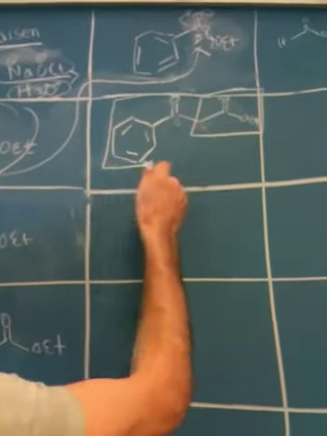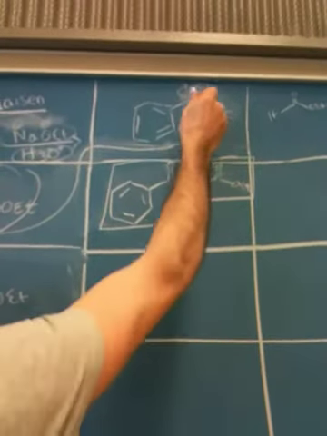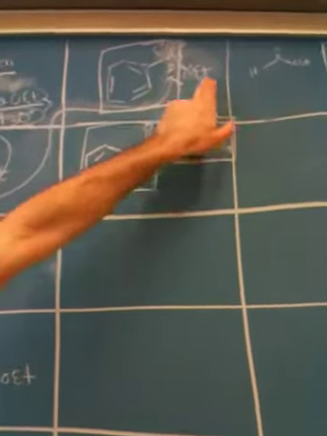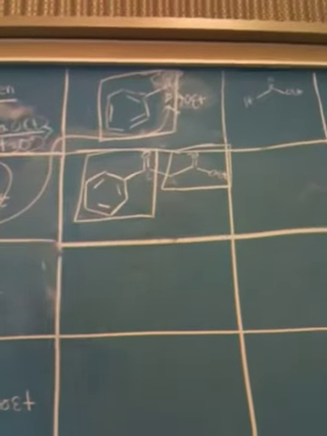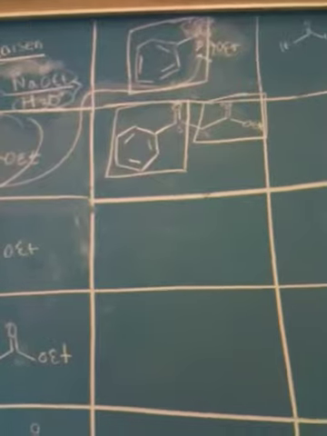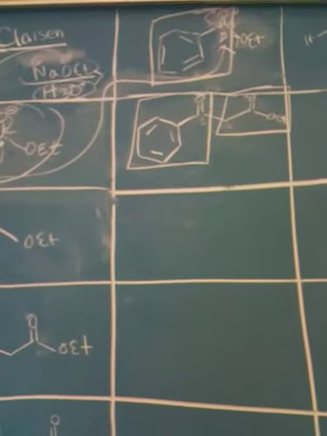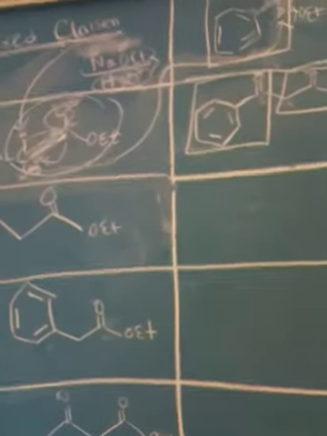This is here, but without the OET. So this is our product now. Now, we can literally go through and fill the rest of the chart in. So we go, all right, since I know my alpha, this must be the beta.